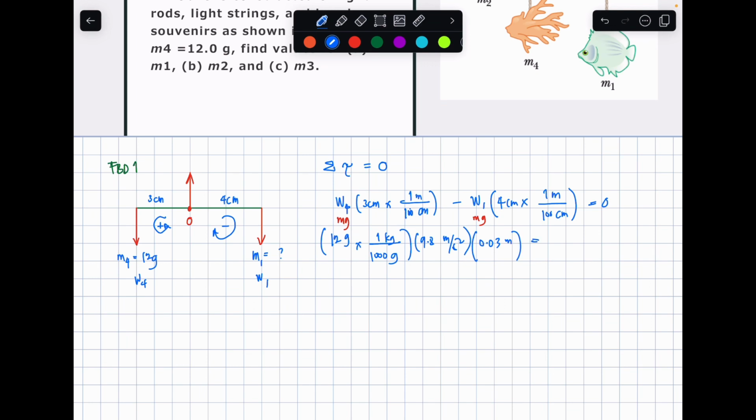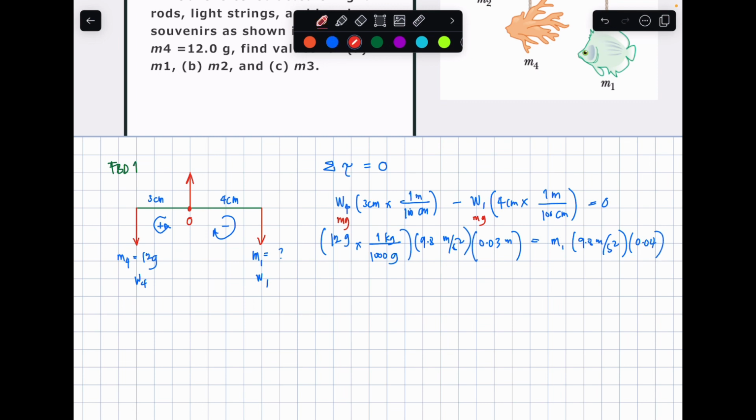And it equals the weight of the first object, mass 1 times 9.8 meters per second squared, multiplied with 0.04.